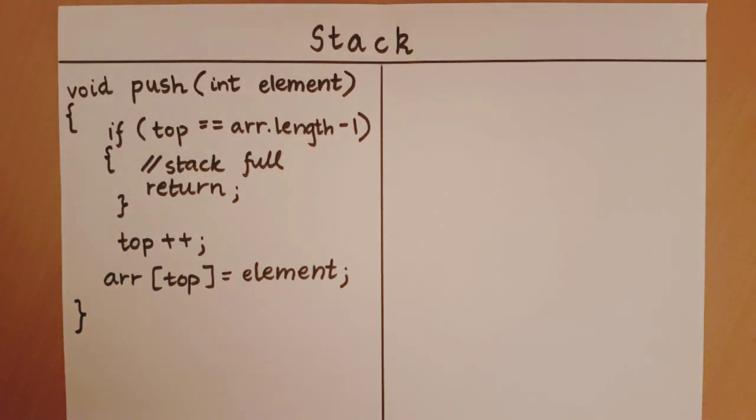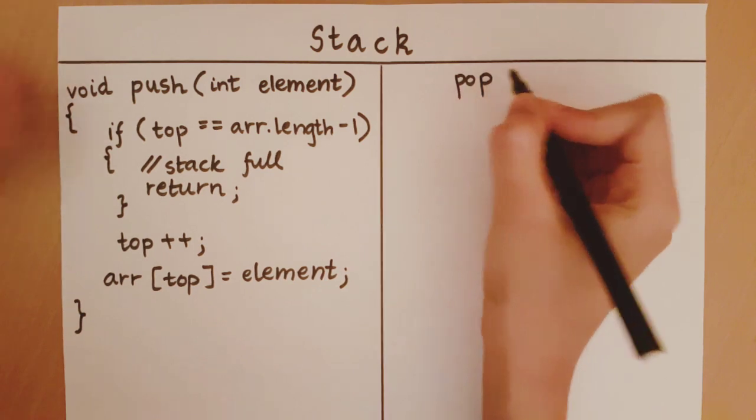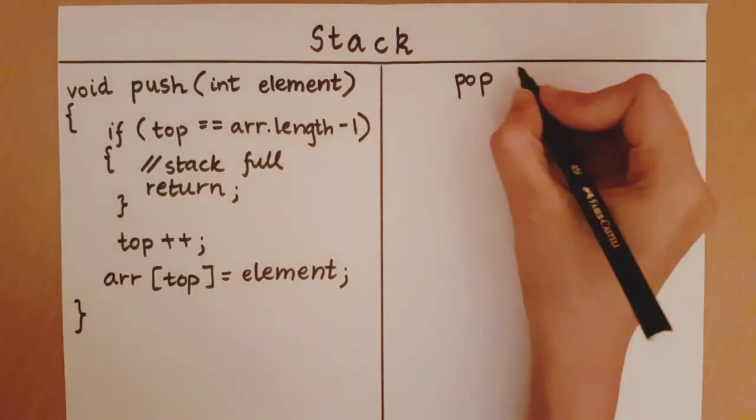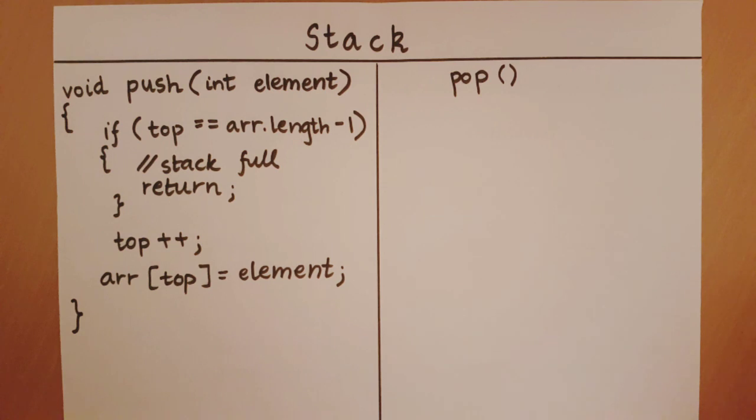Now we have to come to the pop function or the deletion function. When we delete an element from the stack, we don't need to accept anything from the user. So there will be no parameters. However, there will be a return type because we are going to return whatever we are going to delete from the stack.